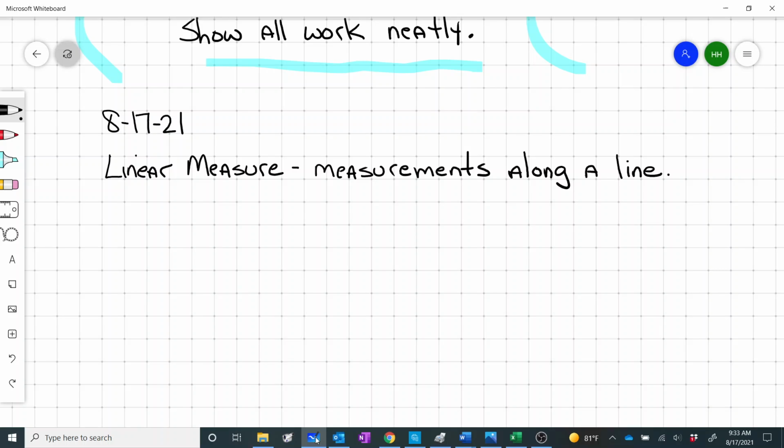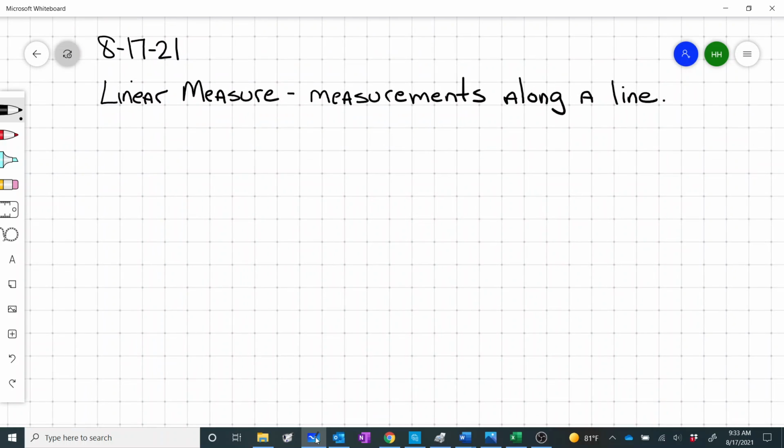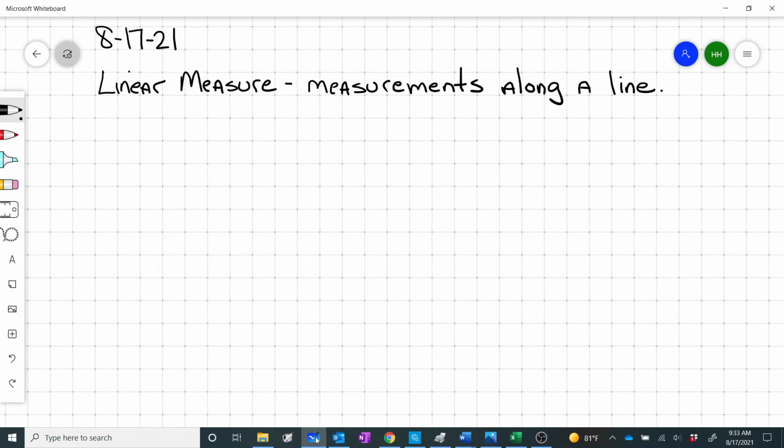So, two parts to your assignment today. Both parts of the assignment will work off of this same key concept. And the concept is betweenness of points. And here's the concept.